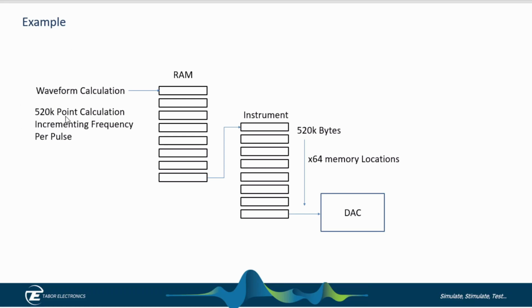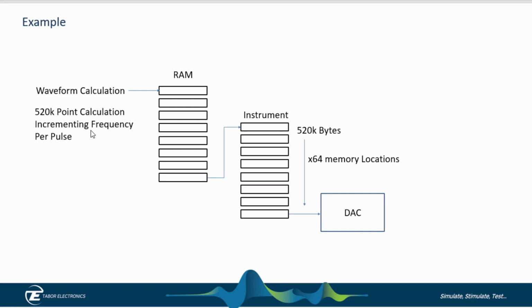So we're going to do a 520,000 point waveform calculation here. I wish I had a GPU to do this, but I'm just using a laptop, and you'll see that in the demonstration. And then every 520k points, I'm going to increment the frequency.